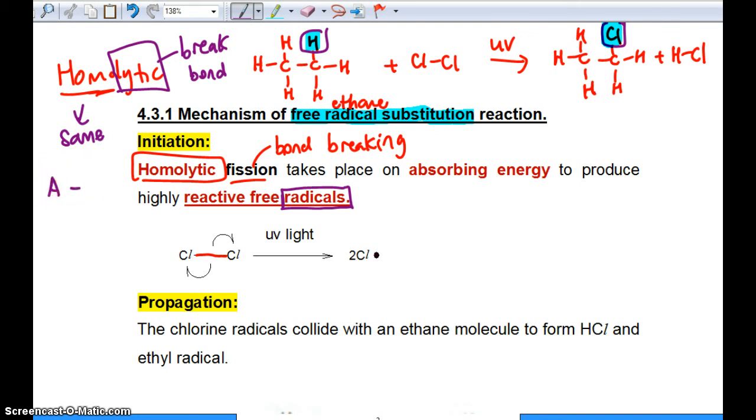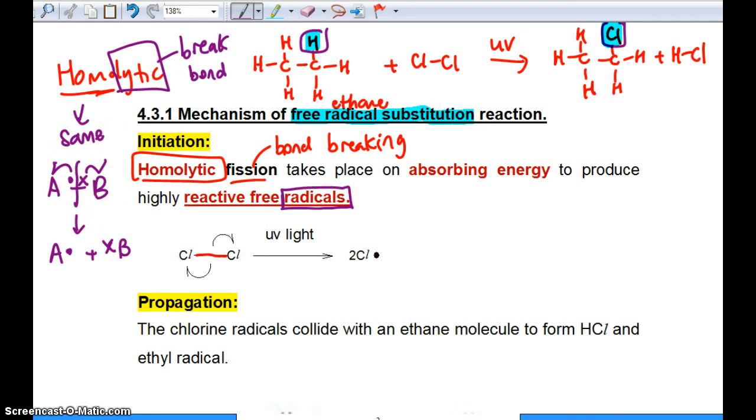So let's use a generic example, AB bond. If the AB bond breaks homolytically, it just means that the bond breaks in such a way that each atom gets exactly 1 electron. So after bond breaking, A gets 1 electron, B also gets 1 electron. What is this arrow that I drew that looks like a fish hook?